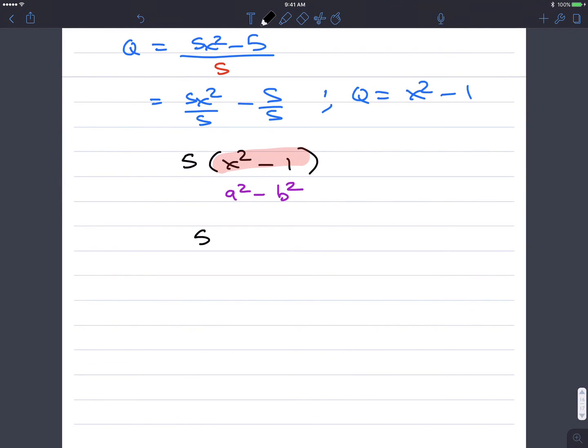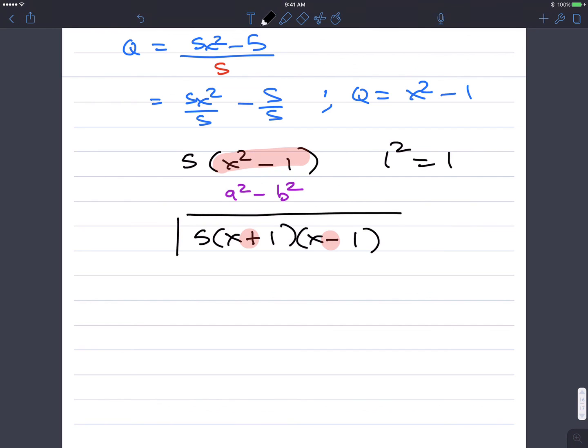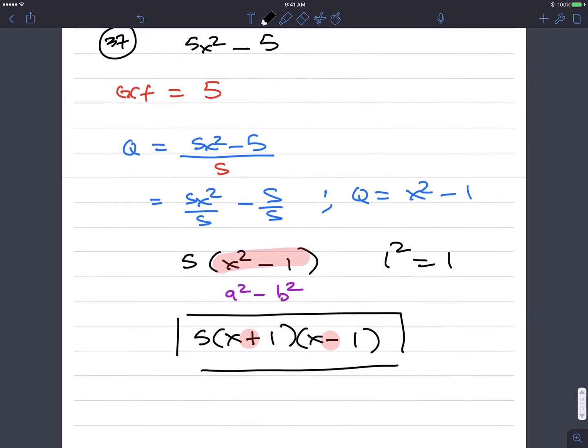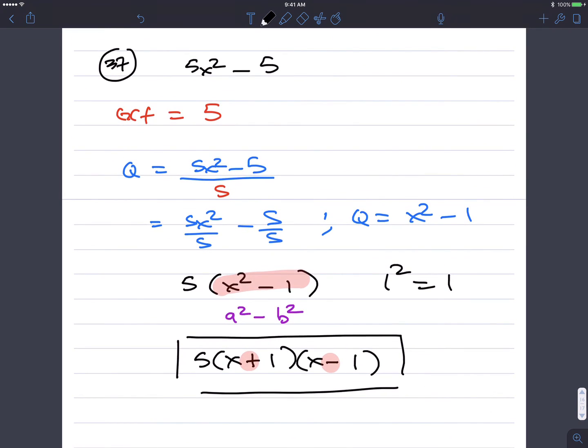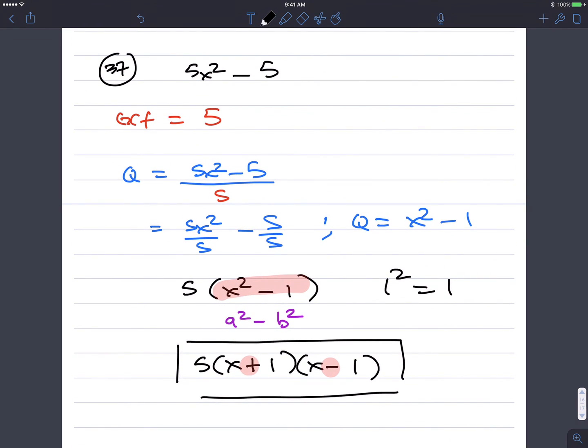What's the base for x squared? x. What is 1 squared? Isn't that 1? So what's the base for 1 squared? 1. Always use plus and minus. Plus and minus have to be there, and this is how you write your answer. Okay, this is factoring 5x squared minus 5 completely.